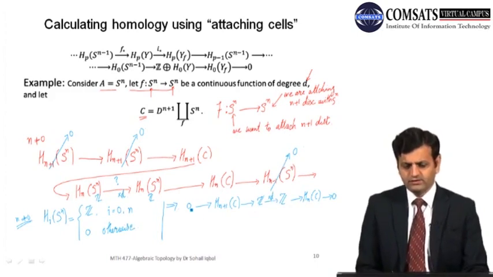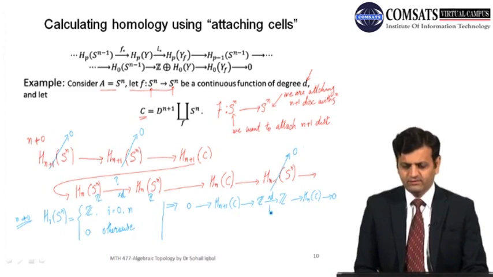It's an exact sequence, because that's what the theorem says. So the image of this map is equal to the kernel of the next map. The image of the earlier map is 0, so the kernel of this map is 0. In other words, H n plus 1 C is embedded inside Z. Then the image of this map is equal to the kernel of the next map.